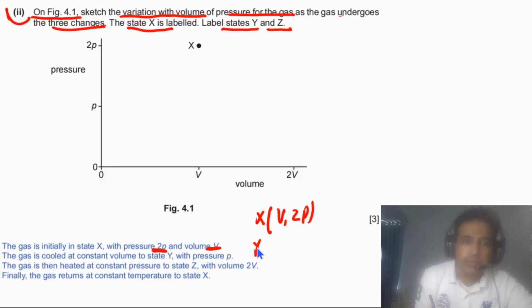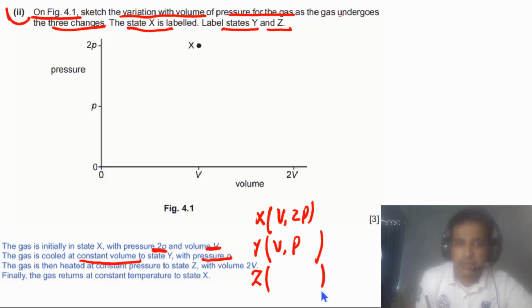Now for state Y, it is given to us the volume remains constant and the pressure is p, so we have V and pressure p. Next one is state Z. For state Z it is given that the gas is then heated at constant pressure, meaning p remains constant, with volume 2V. So we have volume 2V and pressure p.